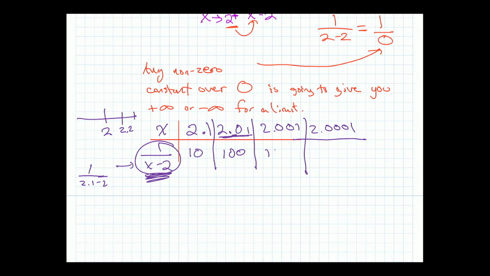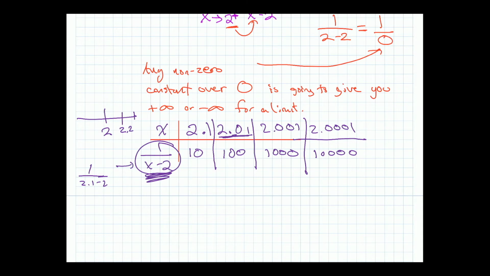Plug this one in, you get 1,000. You plug 2.0001 in, and you get 10,000.